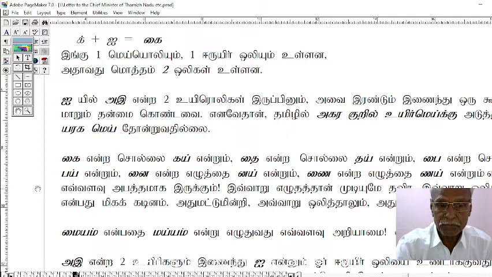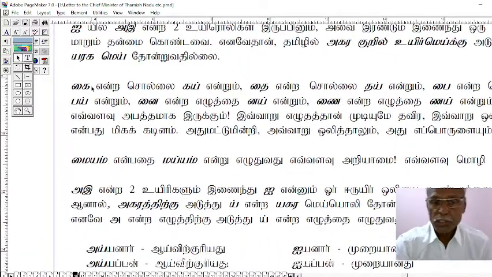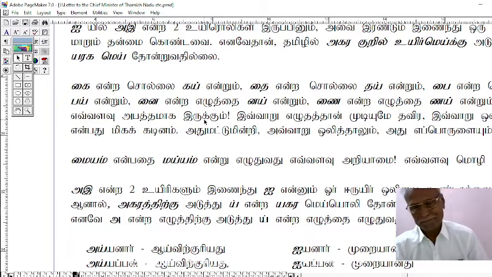Look here carefully. See, in the word kai, if we write the word kai as kai, thai as thai, pi as pi, and the word nai as nai, how ignorant it would be.